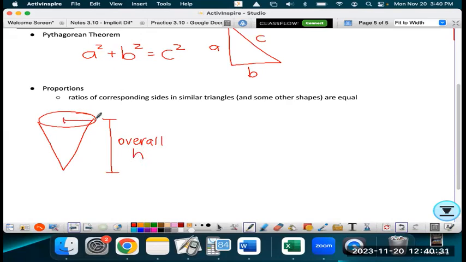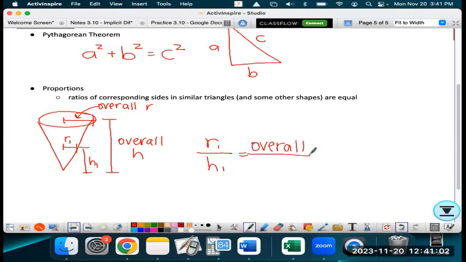And then if we know like an overall radius, maybe we also know the radius at a certain time. So maybe a radius at time 1 and the height at time 1. We can make a proportion with that, putting the radiuses or the radii in one fraction, the height in another fraction, or if you want to do radius 1 over height 1, set that equal to overall radius over overall height. Doesn't matter so long as you're staying consistent with the placement of your values.